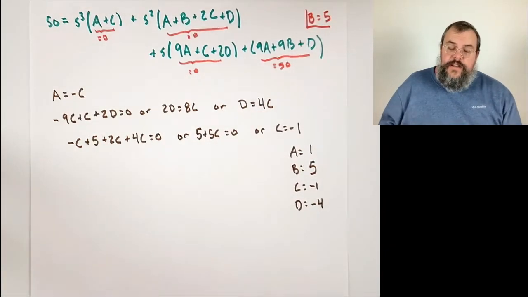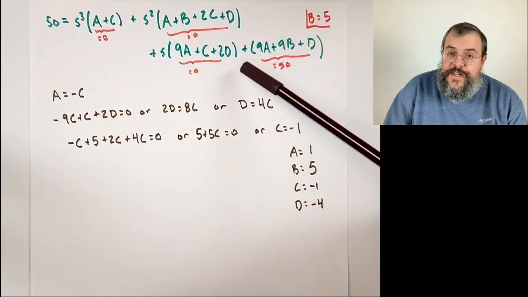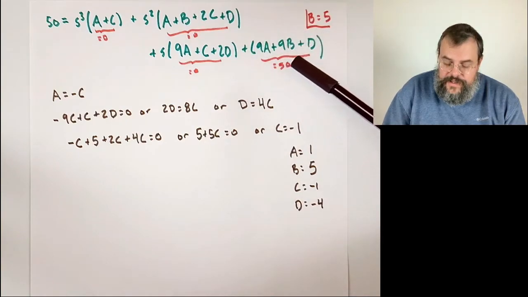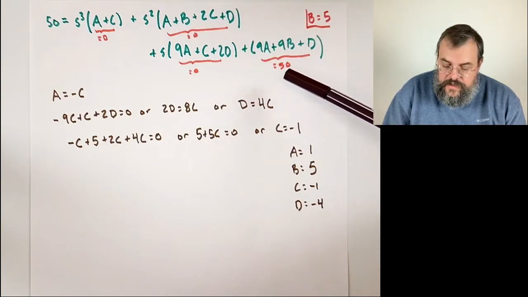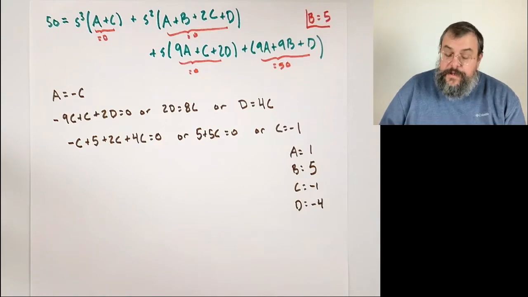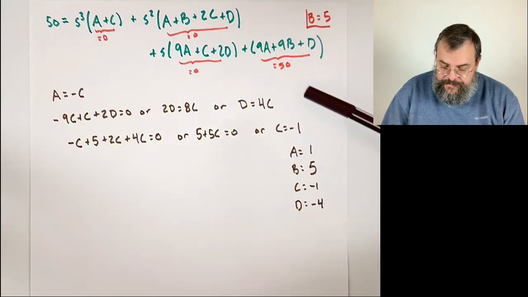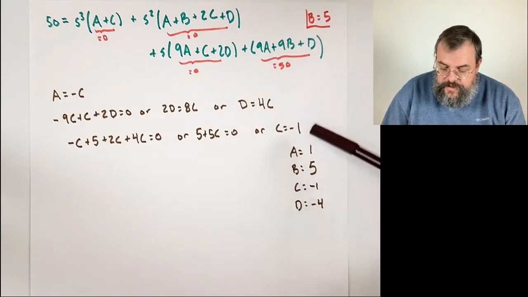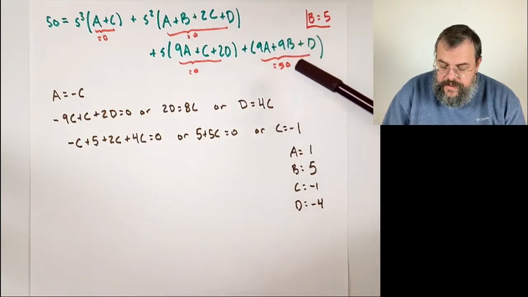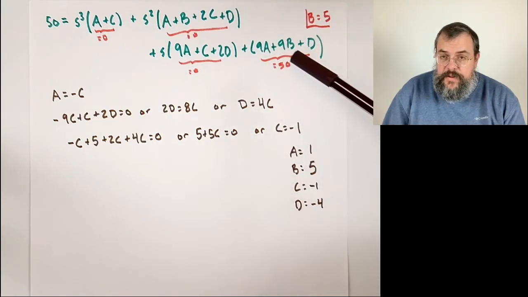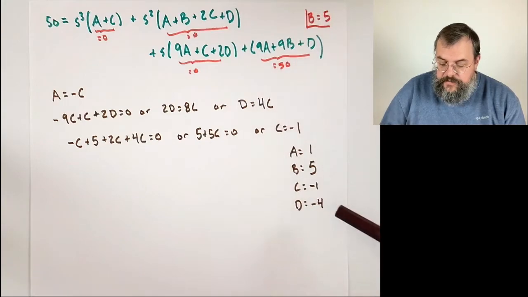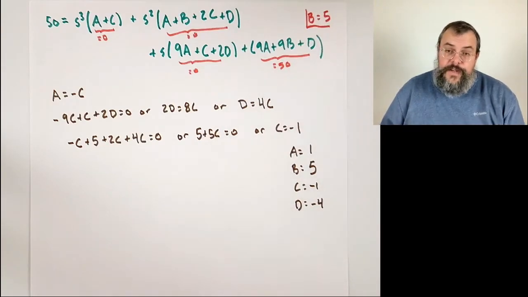Now, we can check using this equation because we haven't used that equation yet. So let's see, do we get 50 out? And if we don't, we should really think about it. 9 times 1 is 9. 9 times 5 is 45. That brings us up to 54. 54 subtract 4 is 50. All right.